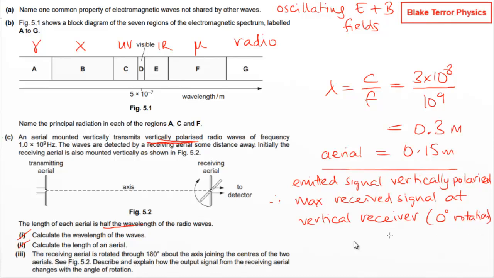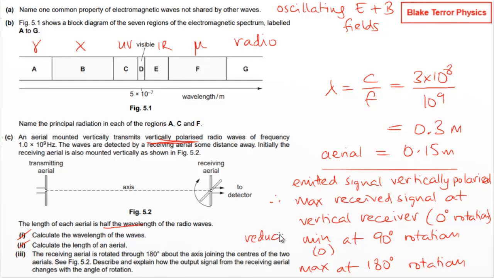Then we're going to get a minimum at 90 degrees rotation, as in 0, so you might even want to put 0 there for minimum. And then we're going to get a maximum again at 180 degrees rotation. So you might want to say it reduces to a minimum at 90 degrees and then increases to a maximum at 180. So it's starting at a maximum, reducing to a minimum, increasing to a maximum again.